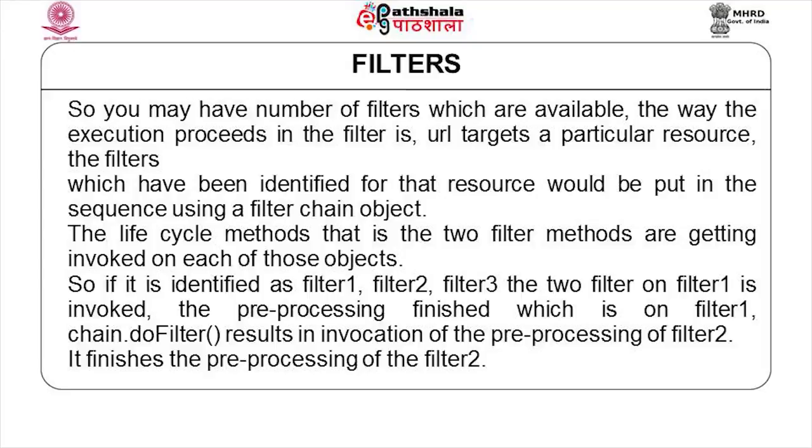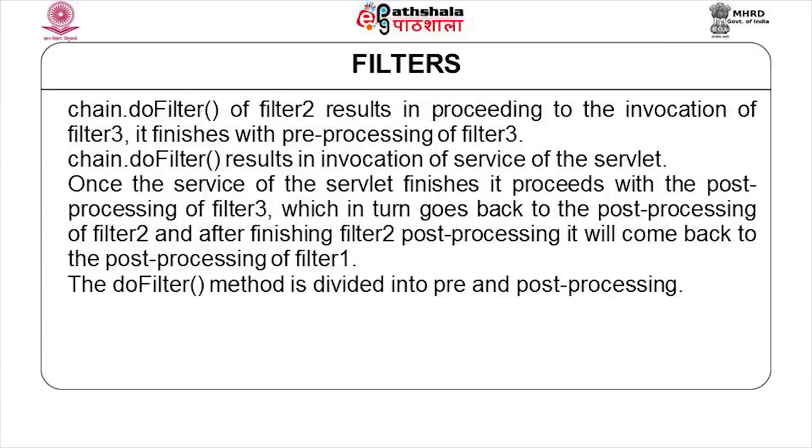It finishes the pre-processing of filter 3, chain.do filter results in invocation of service on a servlet, for example. Once service on the servlet finishes, it proceeds with the post processing of filter 3, then back to the post processing of filter 2, and then to filter 1 and the post processing of filter 1.